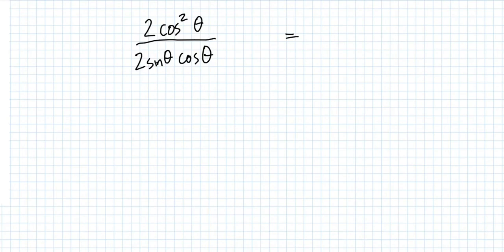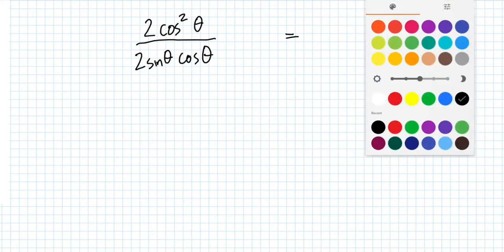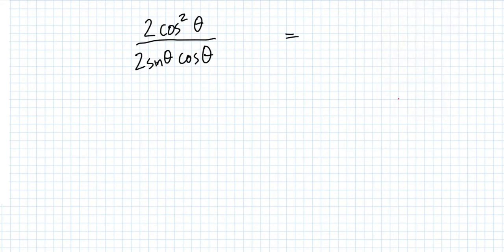Okay, we can cancel a few things out now as well. The very first thing I see is we have a 2 and a 2, which can be canceled out, and we have a cosine and a cosine squared, which can cancel out.